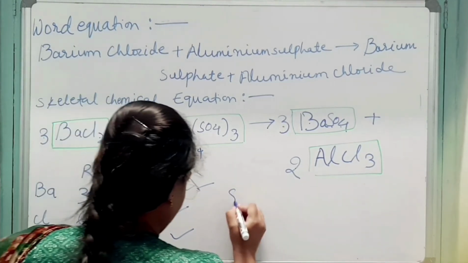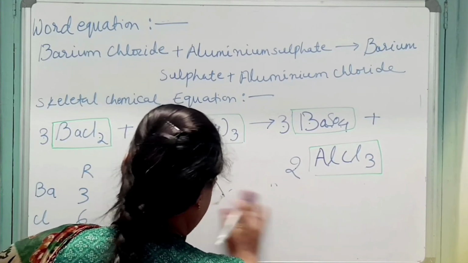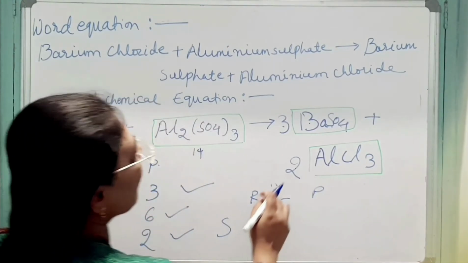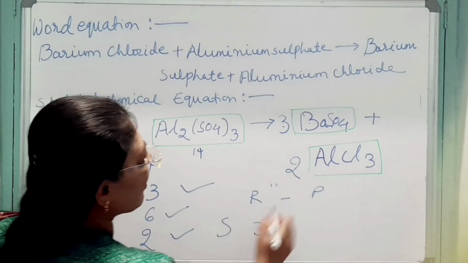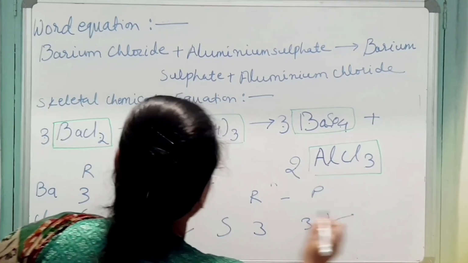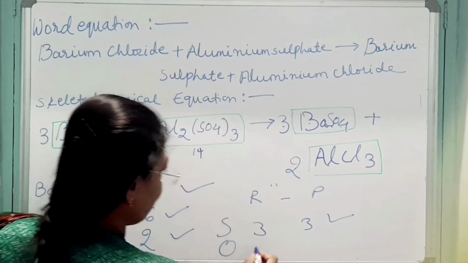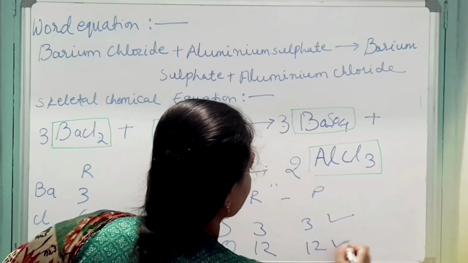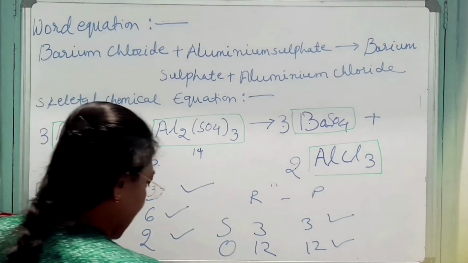Now sulfur: how much is it here? 3. Here also 3, balanced. Now comes oxygen. Oxygen is 4 into 3, 12. Here also 3 into 4, 12. So it is balanced. Now you can see that the whole equation is balanced.